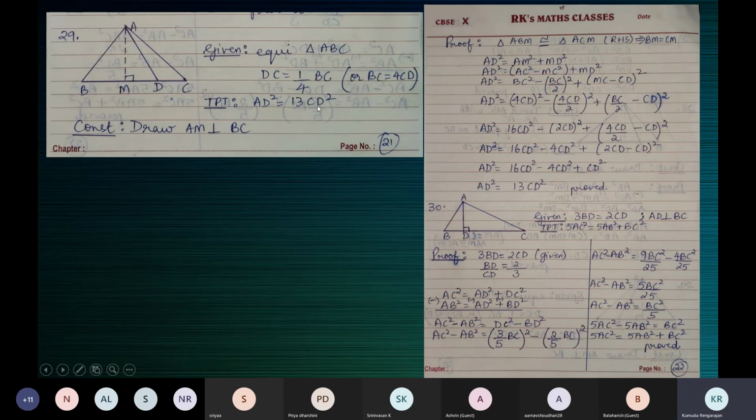The result has CD in it. Even if you can't get CD, get at least BC, because BC is 4 times CD. So that way you will introduce CD.